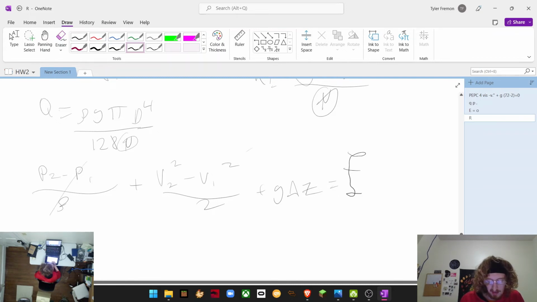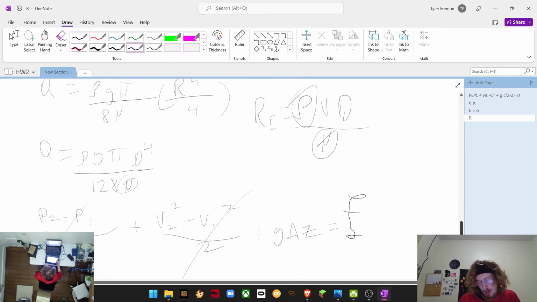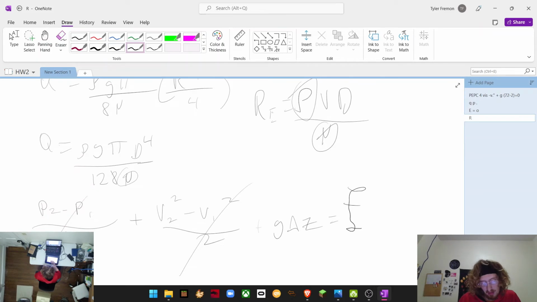Anyways, that's going to be equal to our frictional heating, as we mentioned. There's no pressure drop, and the liquid is stationary, so we just have g z is equal to our frictional heating. Typically, this would be negative g delta z, but since we have a negative drop here, we can say this is positive. In our term for the volumetric flow rate, we actually have a term for g.